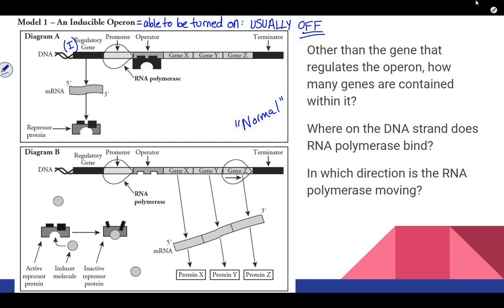In this case, the repressor protein is active when it's made, which means it's in the correct shape to bind to the operator. So that active protein goes up here, binds to the operator, and prevents transcription.